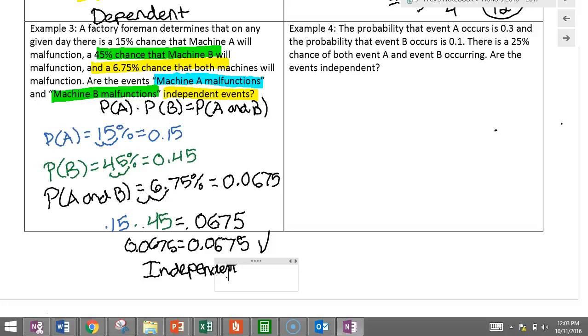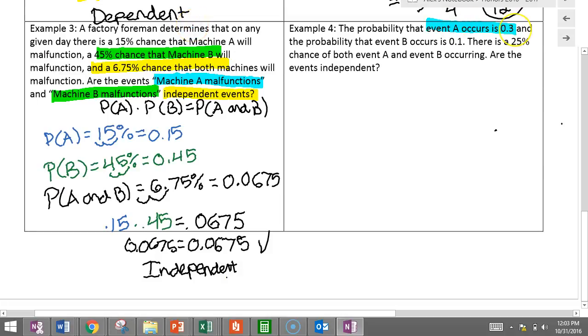All right, looking at example 4, the probability that event A occurs is 0.3, and the probability that event B occurs is 0.1. There is a 25% chance of both event A and event B occurring. Are the events independent? So again, event A, what is easy?